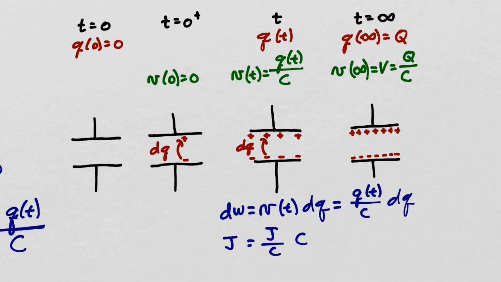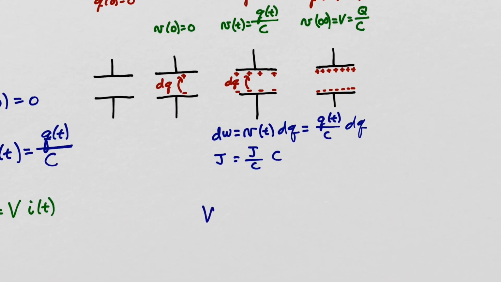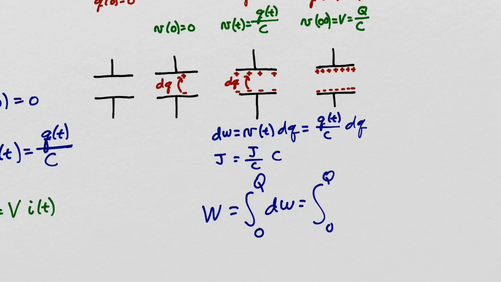So that total work is the integral from 0 to Q of dW, or the integral from 0 to Q of Q over C dq.